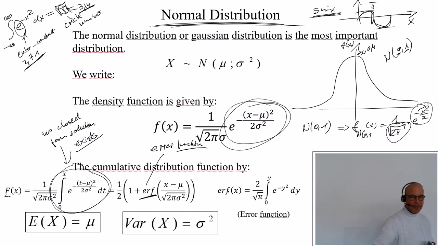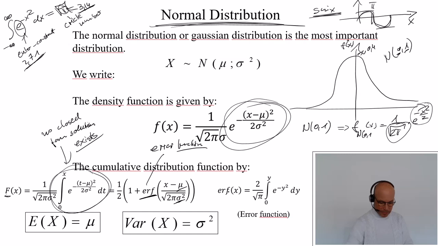Well, and then of course we are interested, given some specific numbers for the expected value and the variance or the standard deviation, then we just introduced, so to speak, tables.